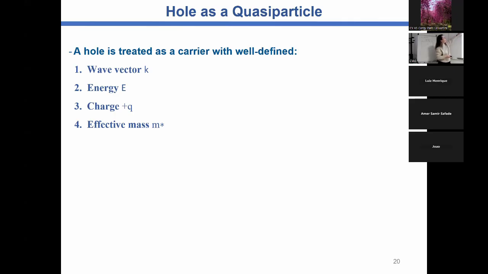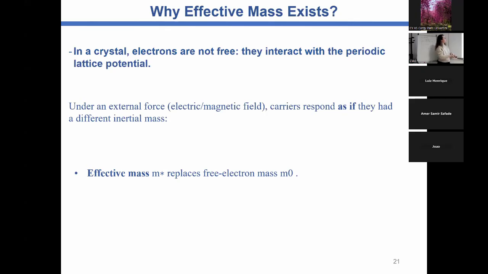So holes act as quasi-particles. They are not particles, but they have a wave vector, they have energy, they have a charge, and they have an effective mass, and the mass is different from the electrons. But why does the effective mass exist? It exists because of the interaction with the lattice of the material, and also because of the different inertia of the carrier inside the material.